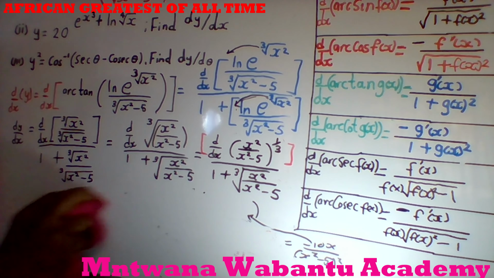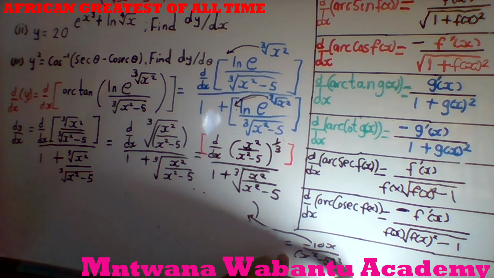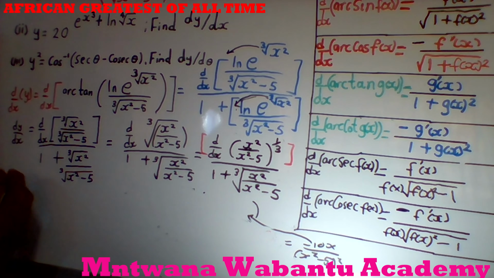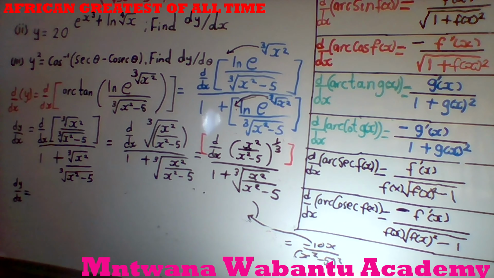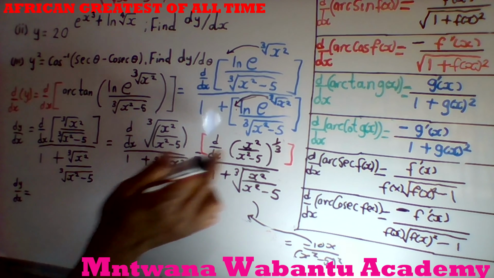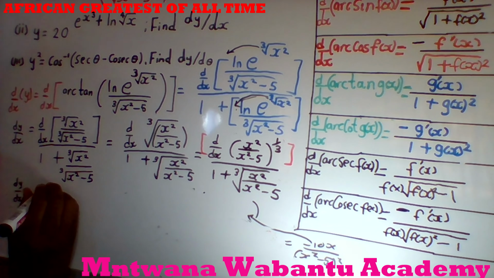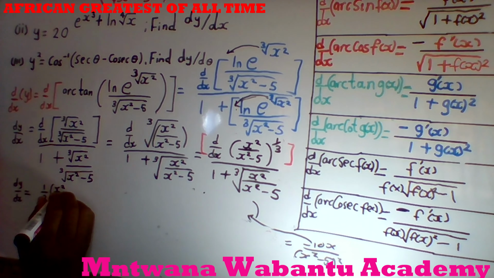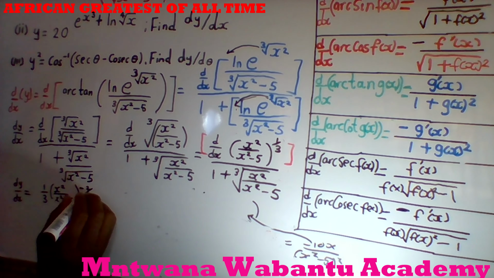Our question is going to become, finally, I'll take this one and plug it over there. So finally, if I differentiate, dy/dx, final answer equals, take this stuff and plug in. We had a 1 over 3, so it's 1 over 3, and then we drop the way it is, which is x squared over x squared minus 5, to the power of 1 over 3 minus 1, negative 2 over 3.